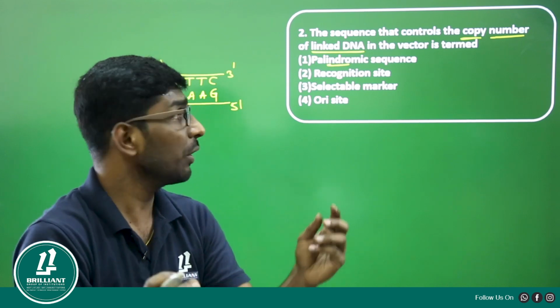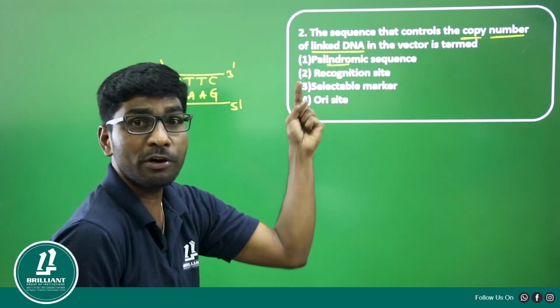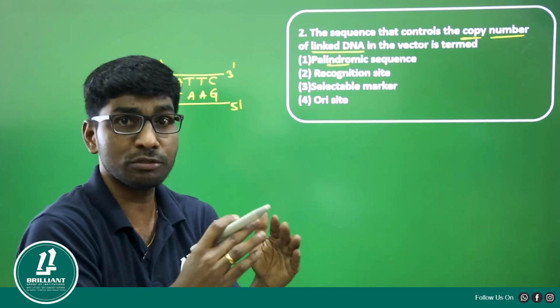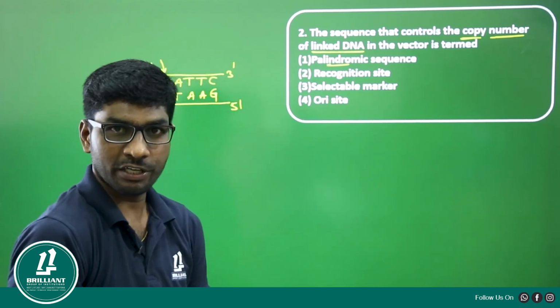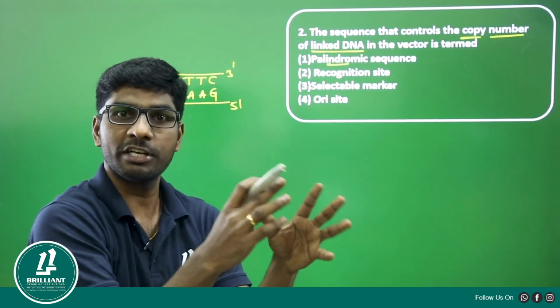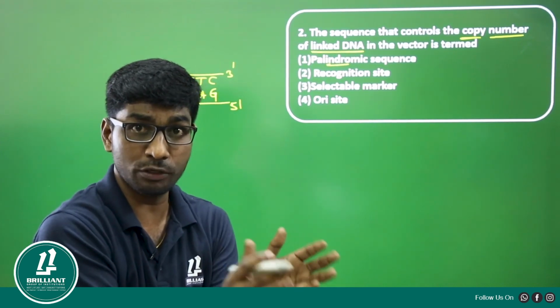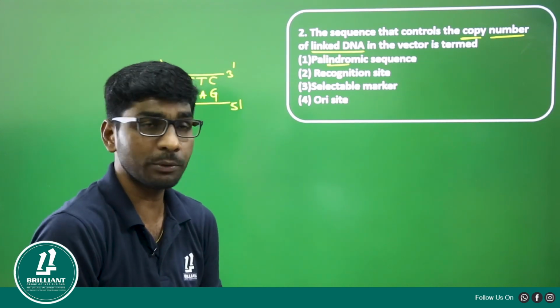They are asking which sequence controls the copy number of linked DNA in our vector, so palindromic sequence is not the correct answer. Ignore this one. Recognition site means the restriction endonuclease enzyme works at a specific point of a specific site of DNA, like a palindromic sequence. So it is not the correct one.